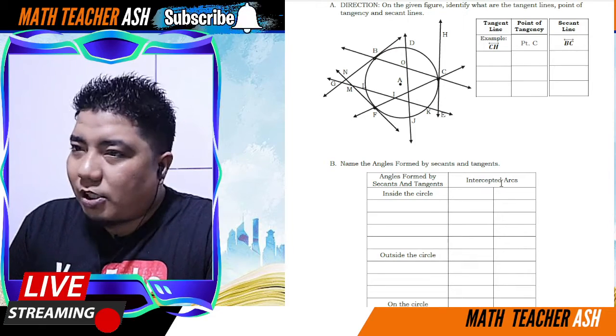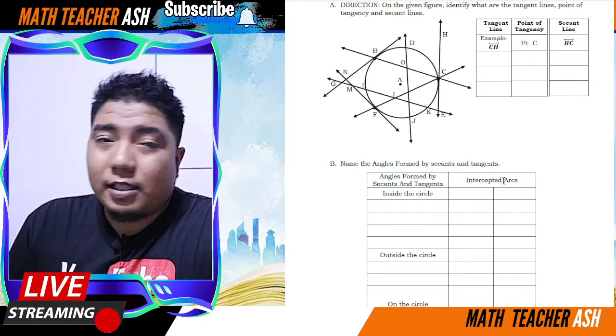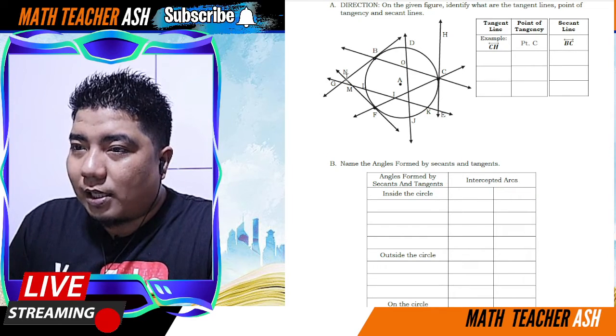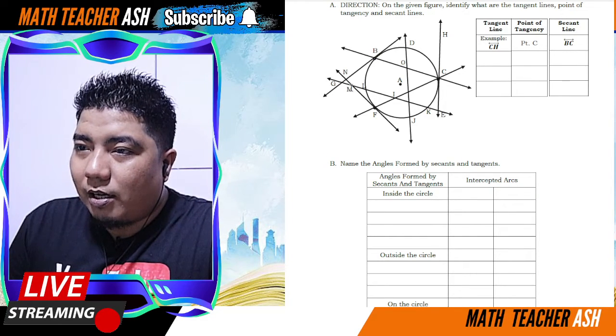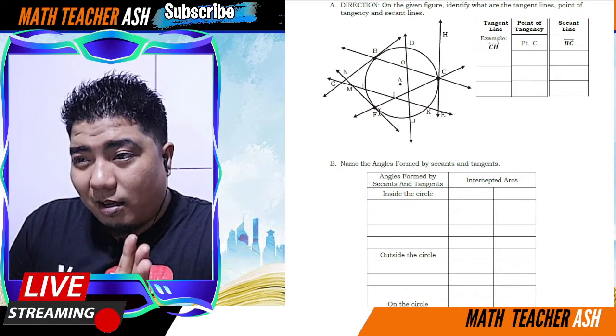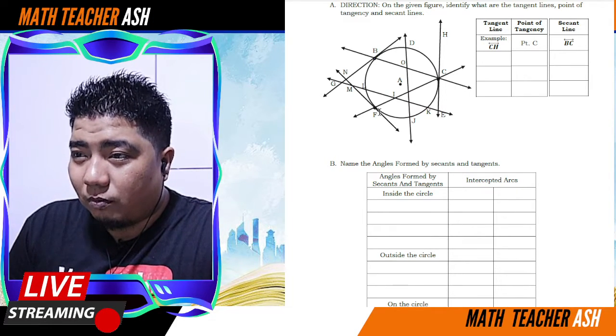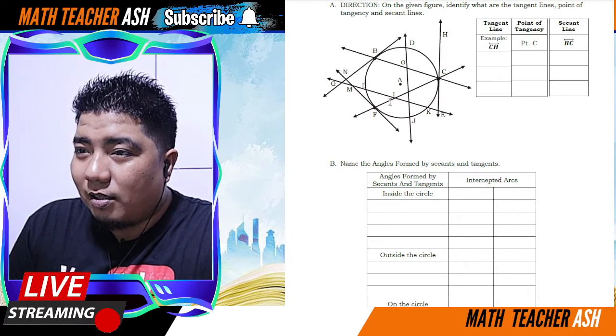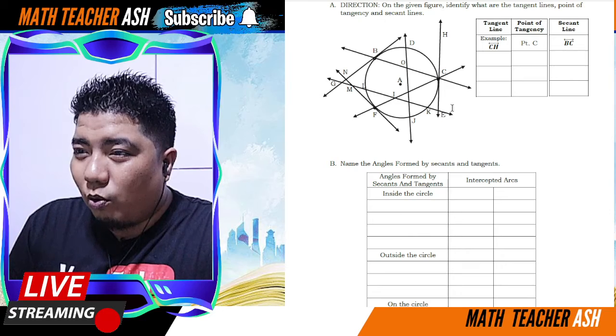So, for the outside the circles naman, I'll just give you some examples, ha? Okay? So, for the outside of the circle, ito yung mga nasa labas. So, an angle here that was formed, angle N. So, BNF. Okay, pwede yun. We also have here angle E. So, depende kung anong dulo ang kunin nyo dyan.